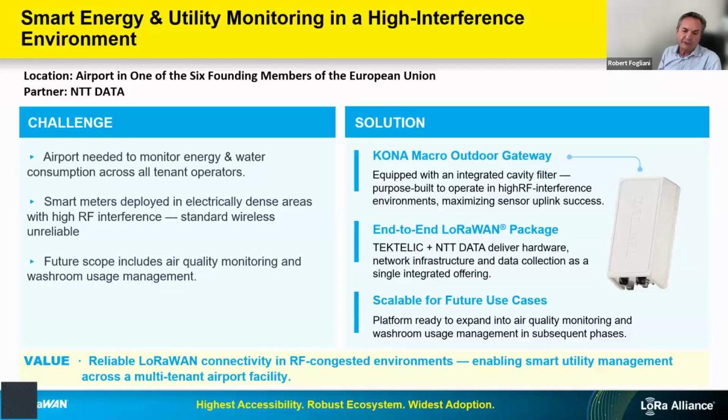The result is stable connectivity in a complex RF environment, a scalable platform ready for future applications, and full utility management across the entire airport. This shows that LoRaWAN can solve today's problems and support future needs for other applications.